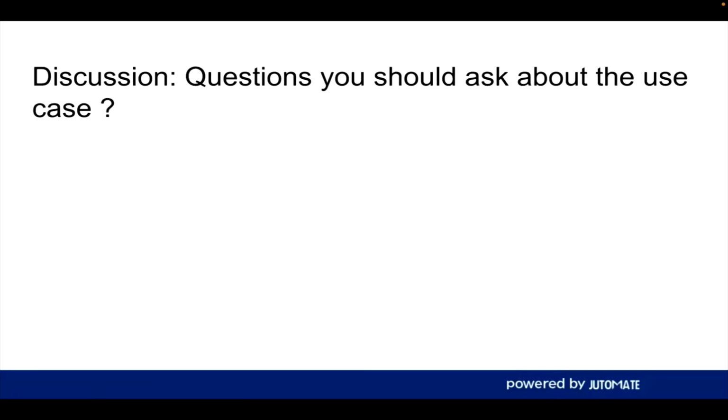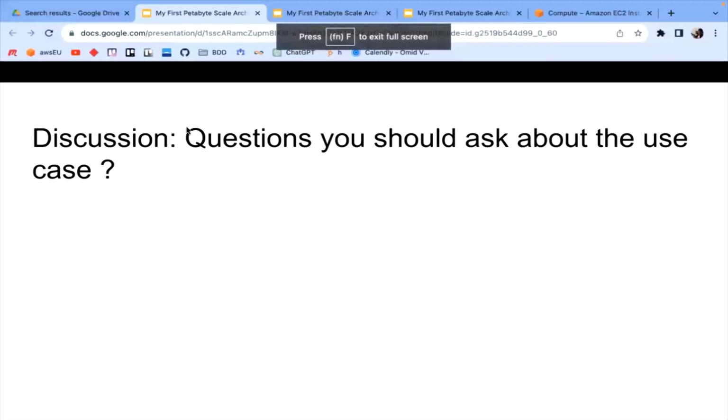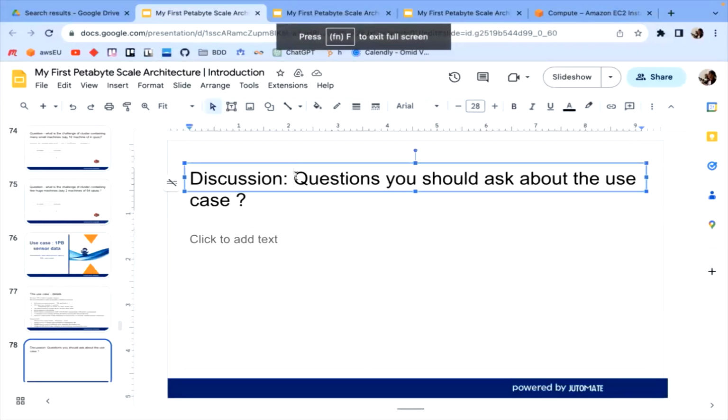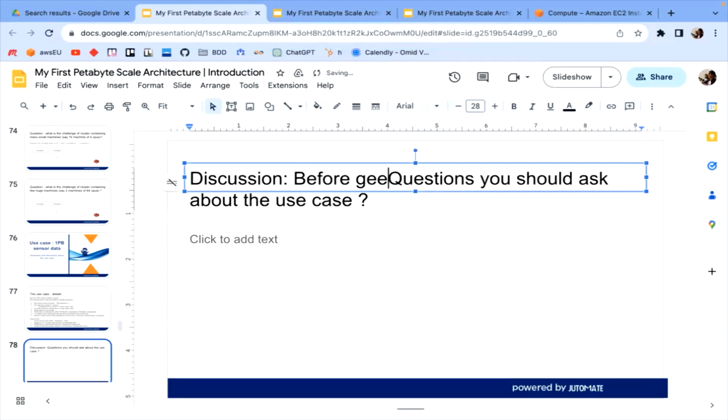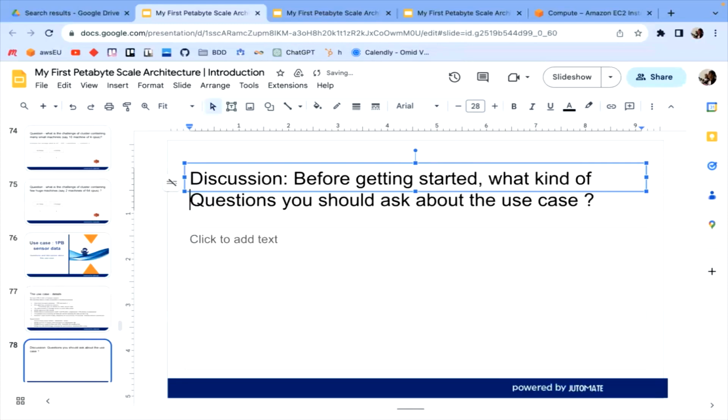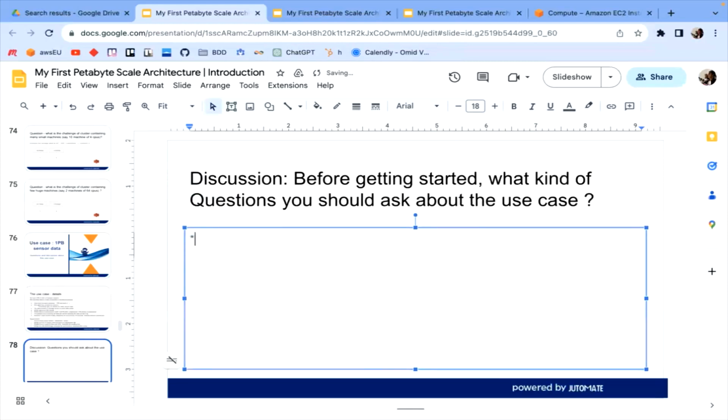So which questions do you think we should ask about this use case before we get started? I think what kind of analytics use cases and time expectations, output expectations? Okay, output expectations, type of queries, very good.